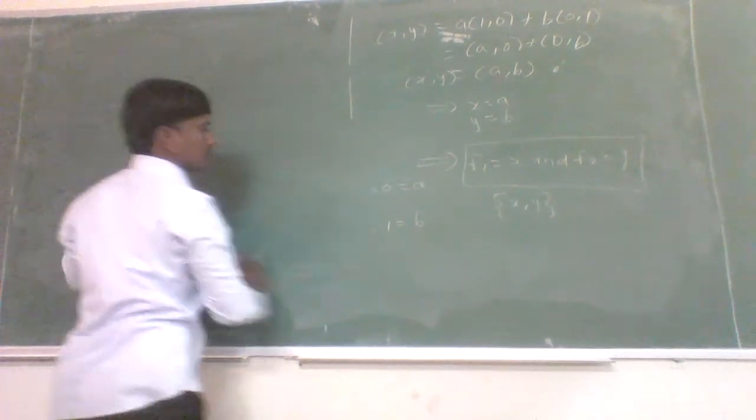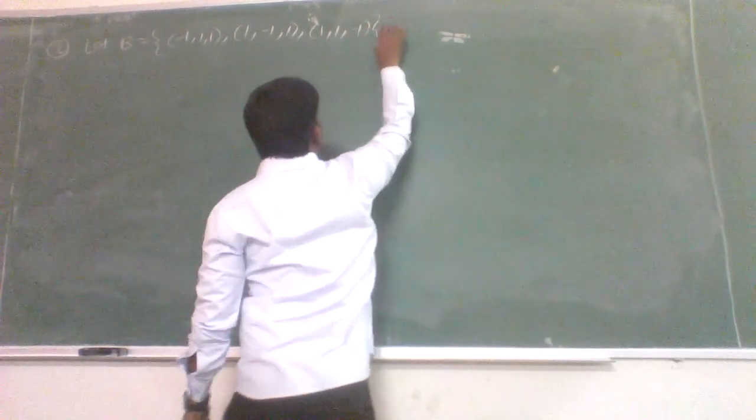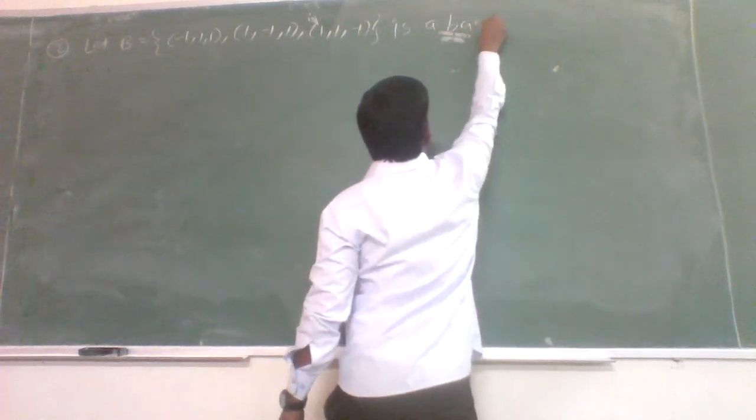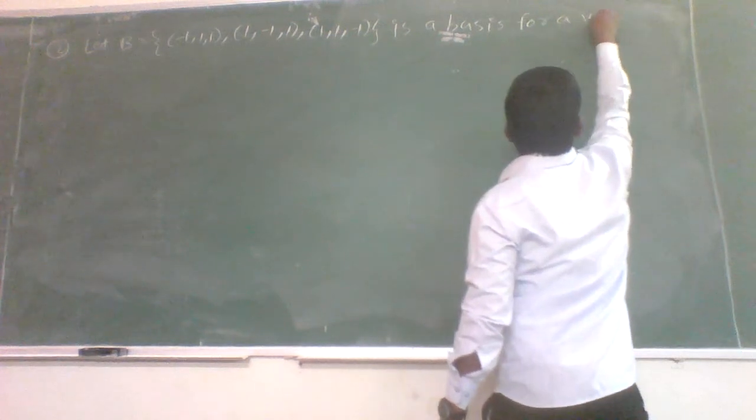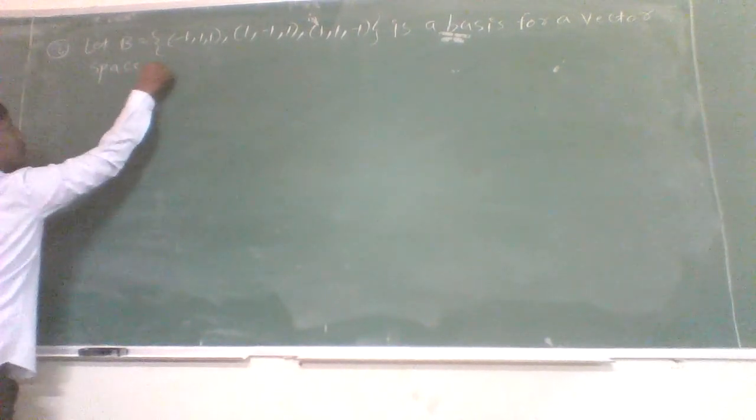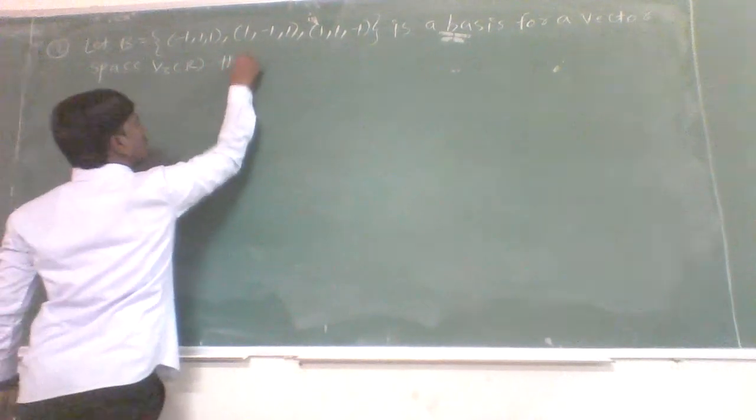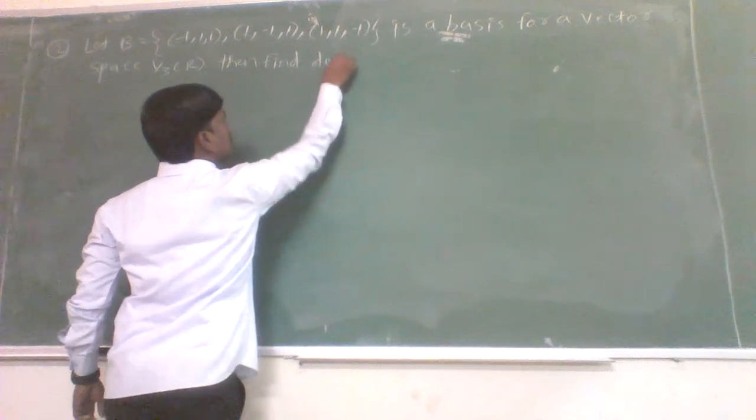Now second example. Let B equal to {(-1, 1, 1), (1, -1, 1), (1, 1, -1)} be a basis for a vector space V3 over R, then find the dual basis.